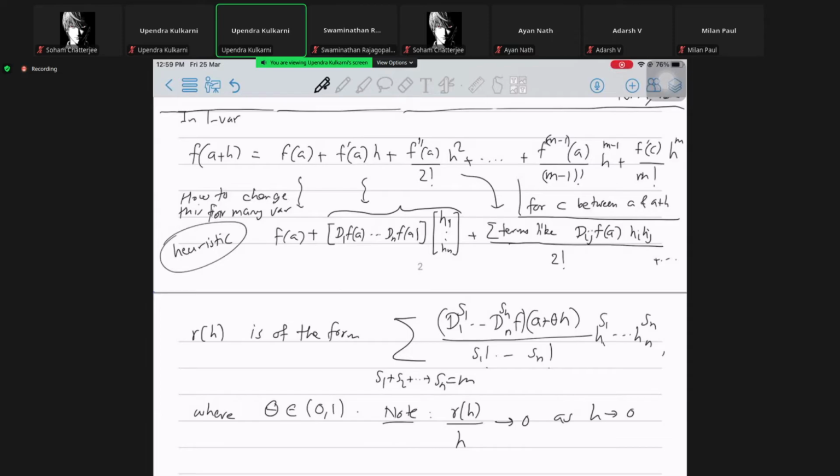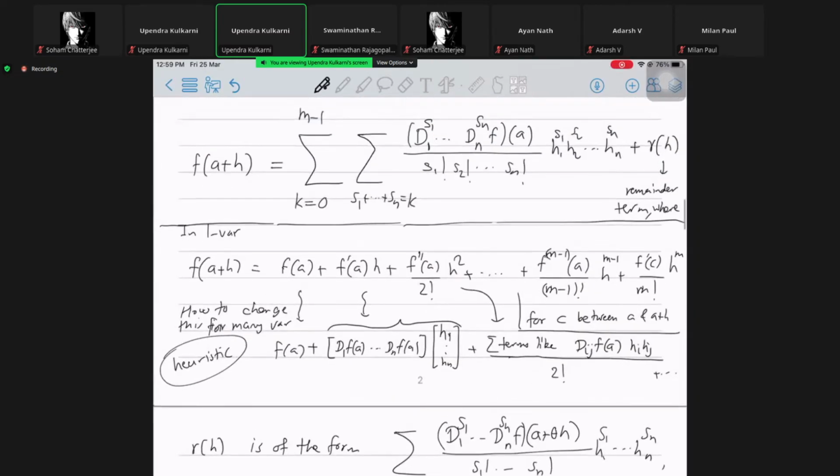If I divide it by H to the M, then it's not so good because I'm just going to get a number. Also, what do I mean by dividing by H? Of course, norm. But if I divide by the norm of H to the M minus 1, then you see some H terms will still be left. So this is 0. So this is telling you how good the approximation is.